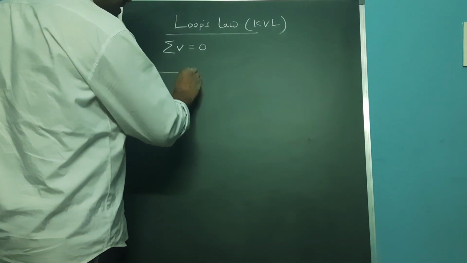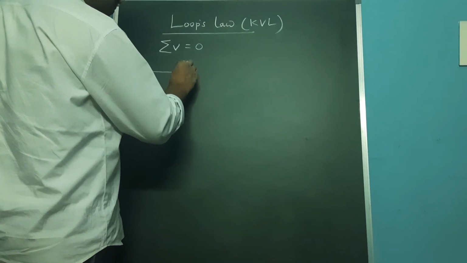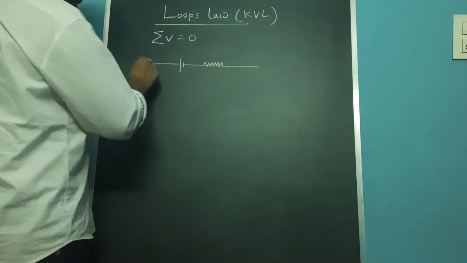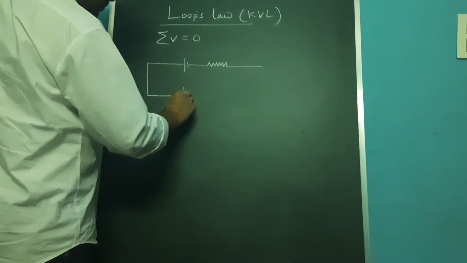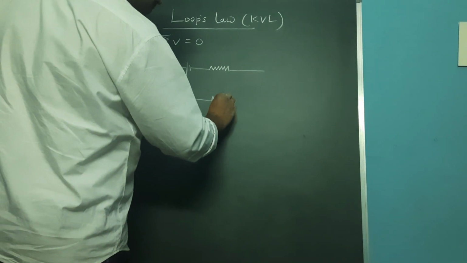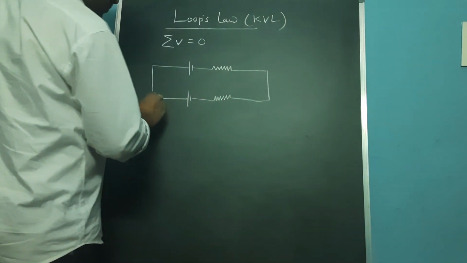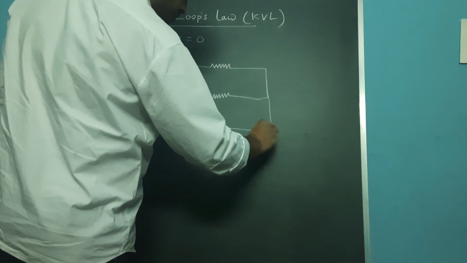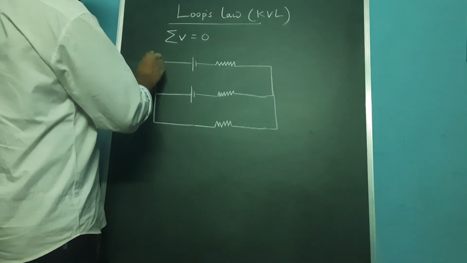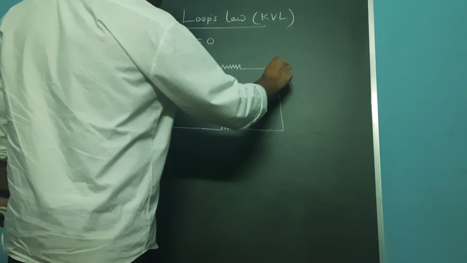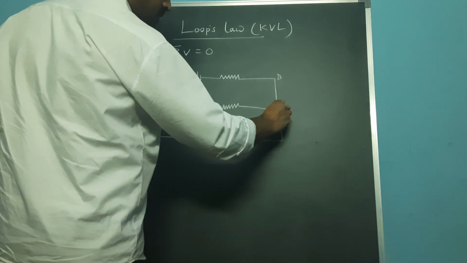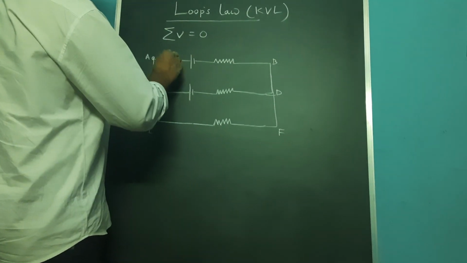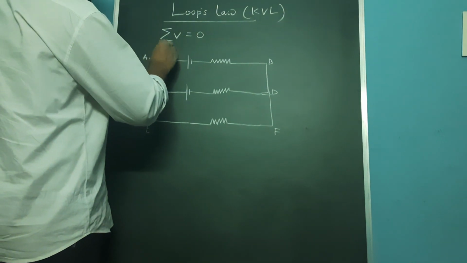Here, let us take a loop. These points are nodes A, B, C, D, E, F. Let the current be I1.